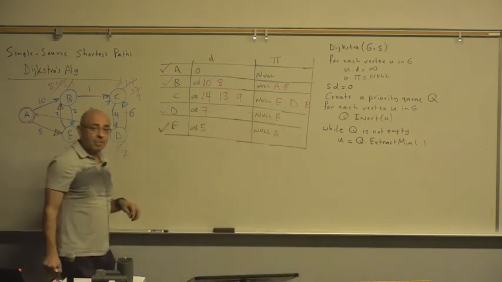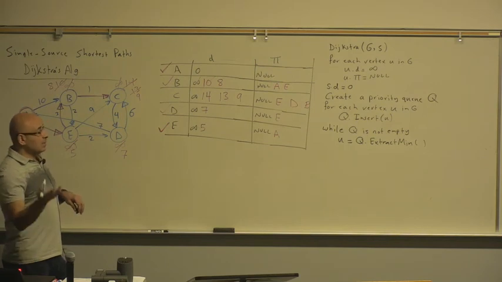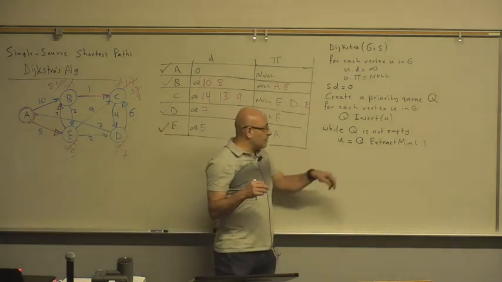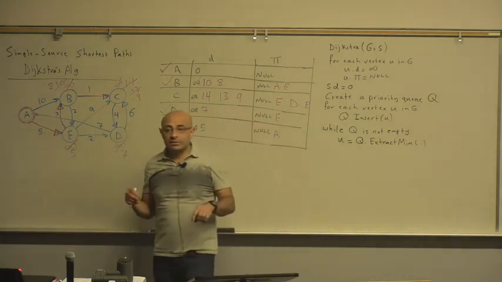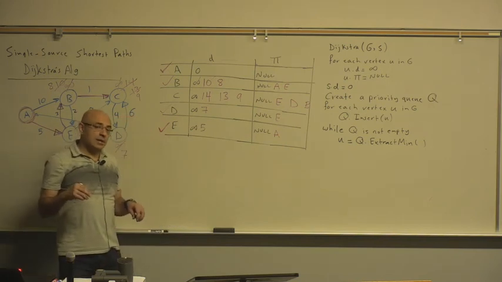Then what? So we take the vertex with the minimum distance, we extract it from the queue, and what do we do with it? Yeah, look at the neighbors, exactly.